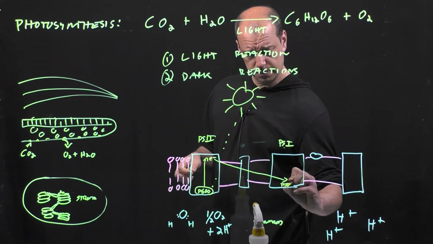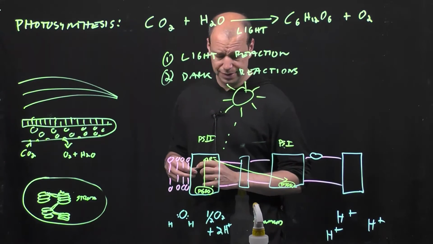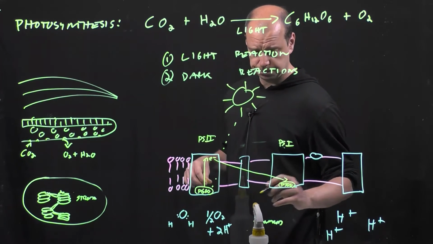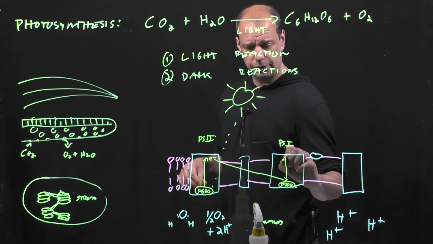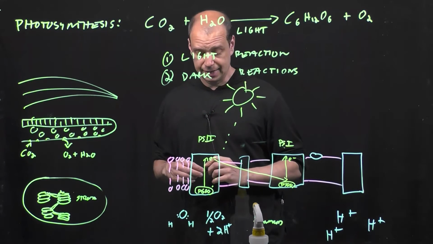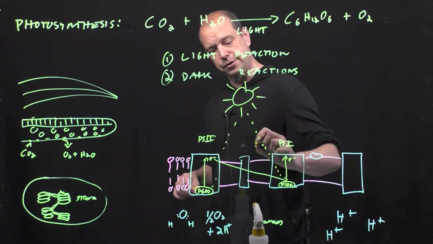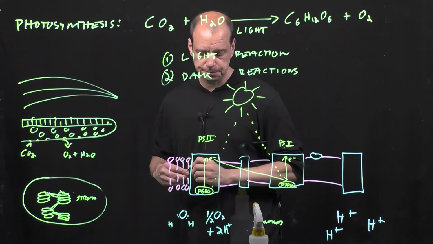And the pigment in photosystem 1 absorbs at a slightly longer wavelength of 700 nanometers. Now in photosystem 1, the electron is again excited through the addition of more light at the photosystem and at the accessory pigments.